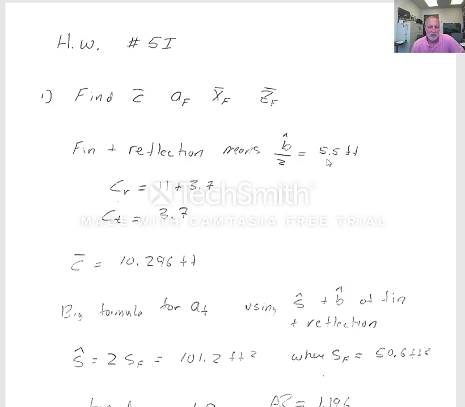So you're reflecting the fin downward and assuming that it's bigger than it really is, and that's just for part 1 here. What you're going to calculate then, using the root chord and the tip chord information and this span, is C-bar, and that should be 10.296.